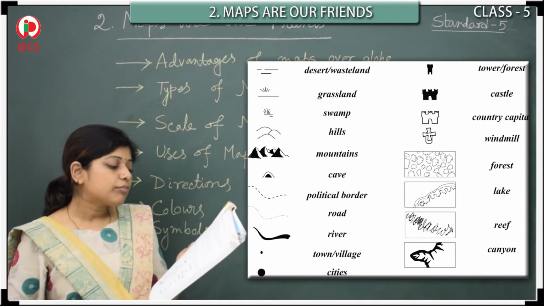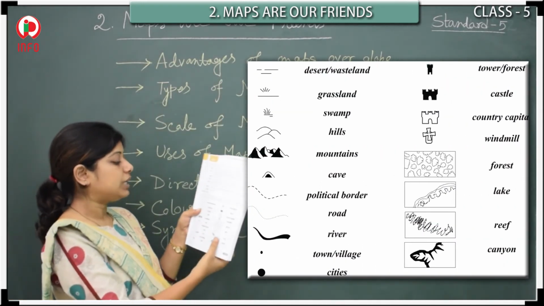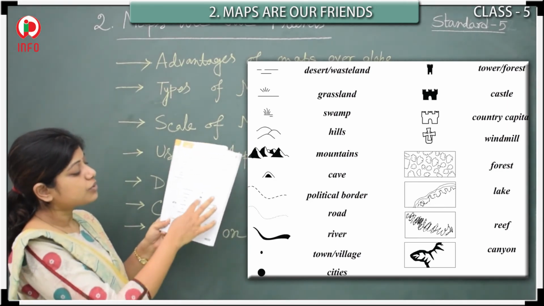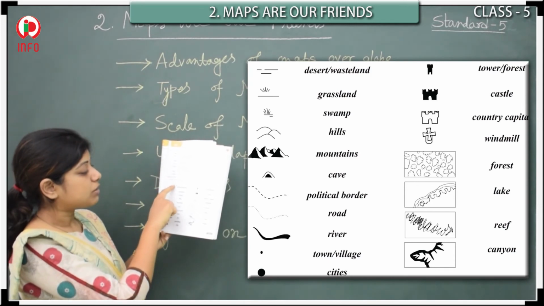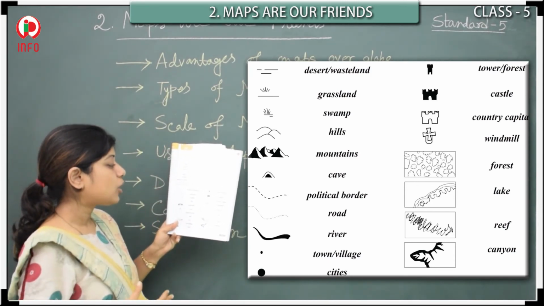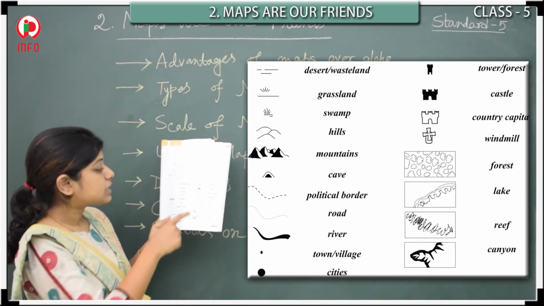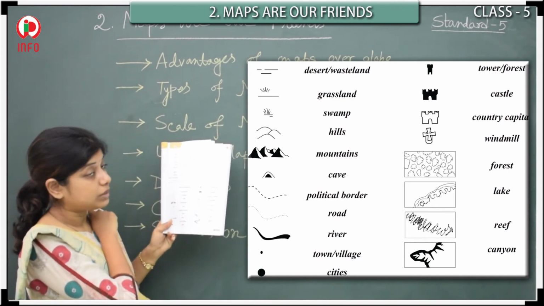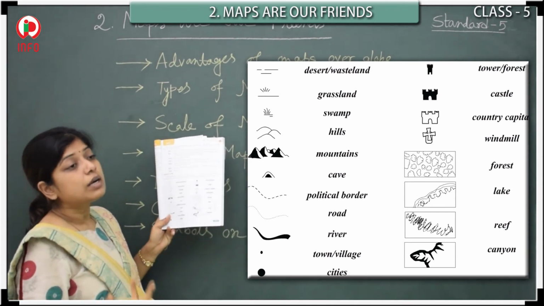Next thing, symbols on a map. Have a look here, the different symbols they used in a map. This kind of symbol is the symbol of the desert or the wasteland. Next, this kind of symbol is for the grassland, that means where grasses are.